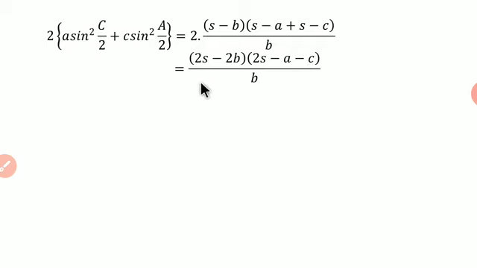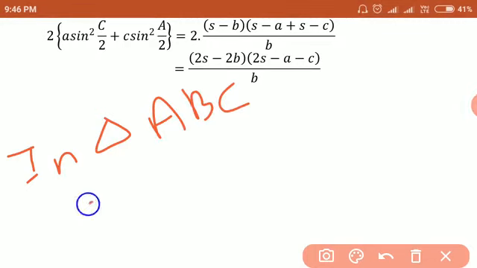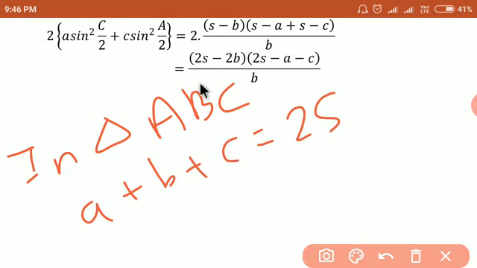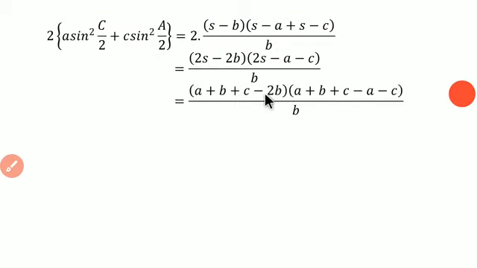Now we know that in triangle ABC, a plus b plus c is equal to 2s. Put this value here in the first bracket and in the second bracket. So we get it is equal to (a plus b plus c minus 2b) multiplied by (a plus b plus c minus a minus c).